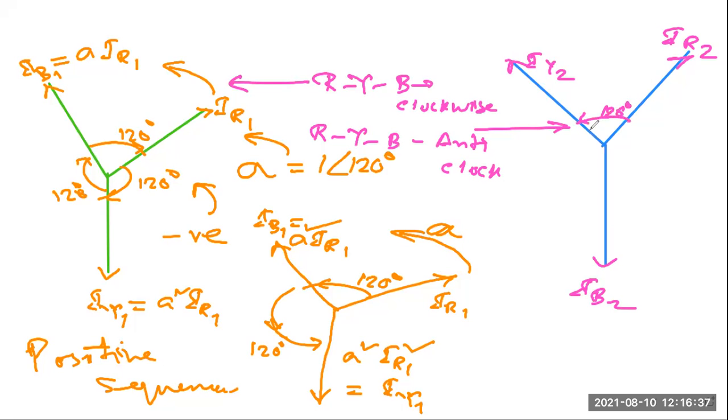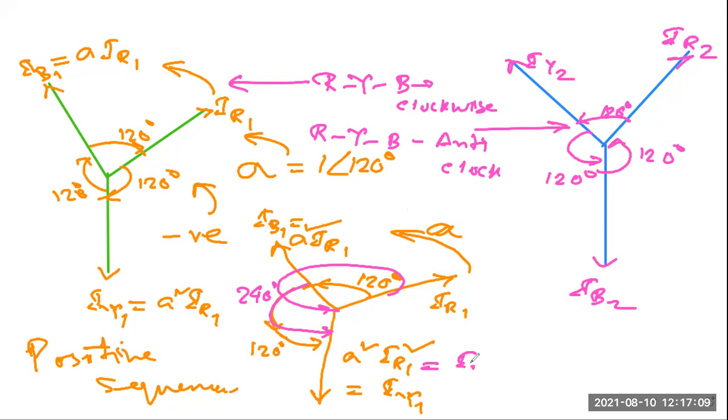Sir, so the angle will be 240, na? You have written 120 here. Which one? Which one? The one below? The one next to it? Yes, this one? Yes, from here to here it is 120 degree. From here it is 240 degree. And as you are multiplying with IR1, obviously this should be IR1 angle 240 degree.